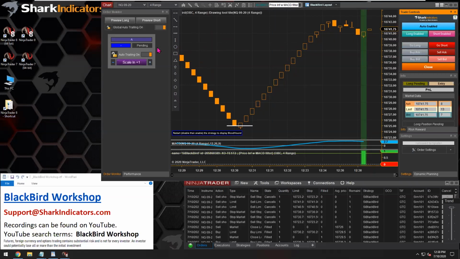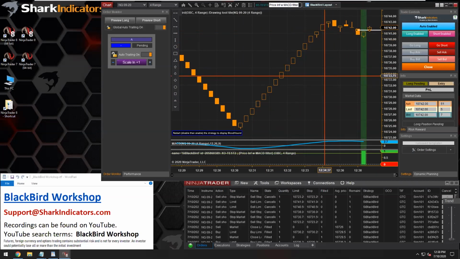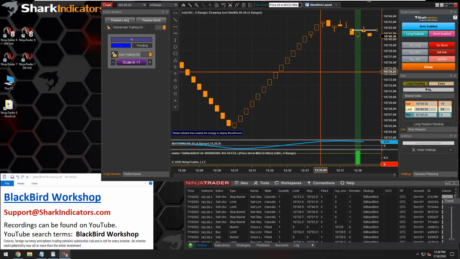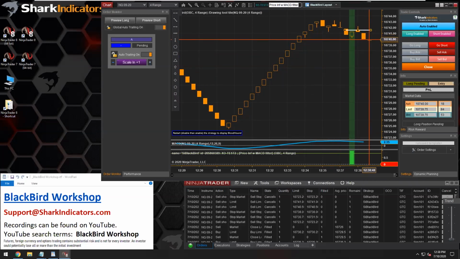There we go. A is in a pending state. Let's move the market down, and I think the market was going to be somewhere around here. So 30 ticks is going to be just over 8 bars. Yeah, sorry, just under 8 bars.